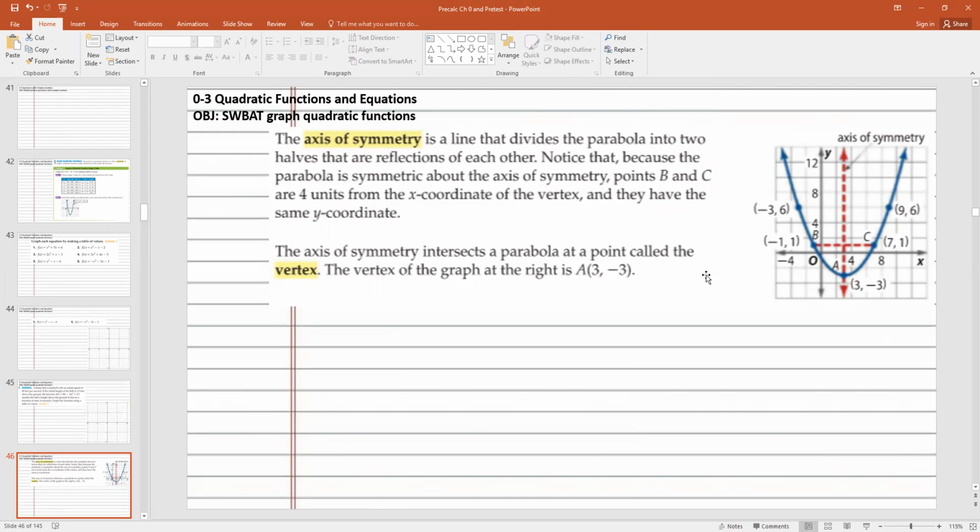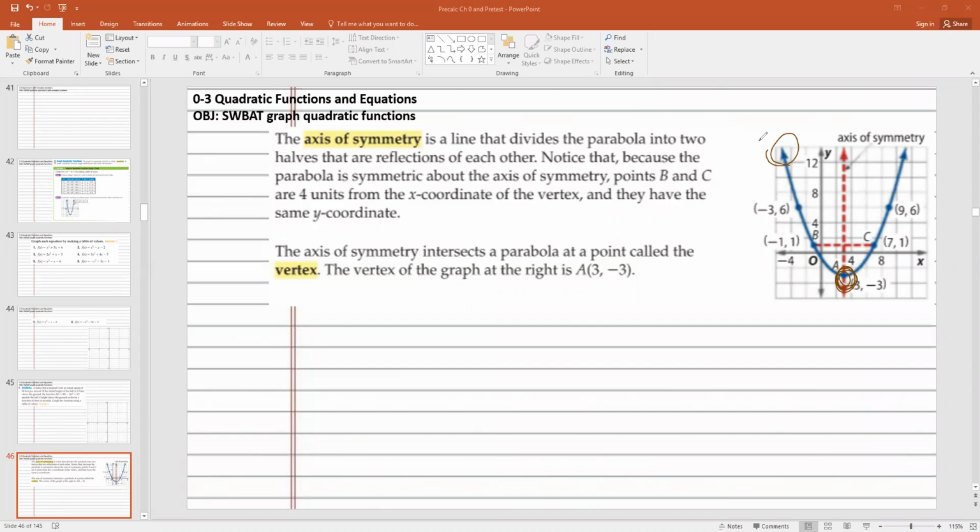Okay, and then the vertex is that turning point. So the vertex here is our turning point. Here we're decreasing. This is confusing because of the arrows.